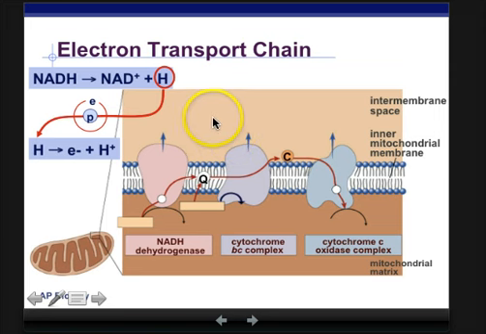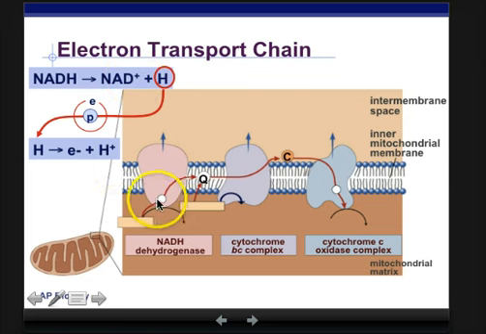Protons are not going to diffuse back across the membrane because, of course, they have a charge to them and they're polar, and polar things can't go through the membranes. So to reiterate again, we're using our NADH to get an NAD plus, an electron and a proton.